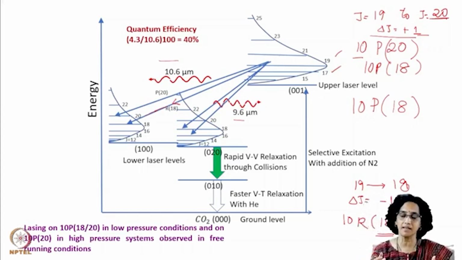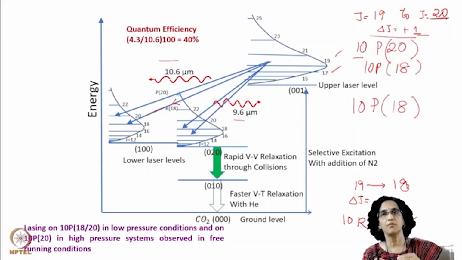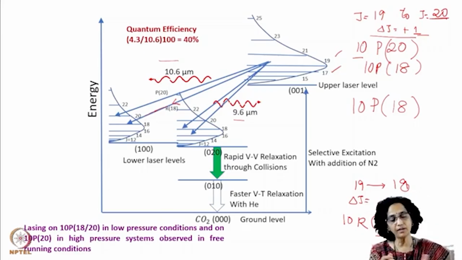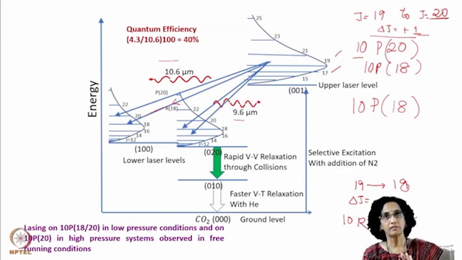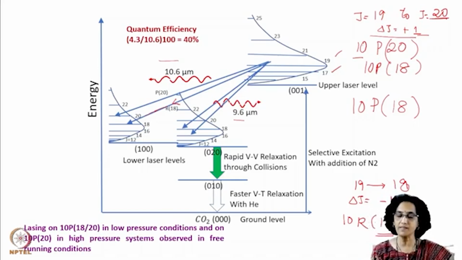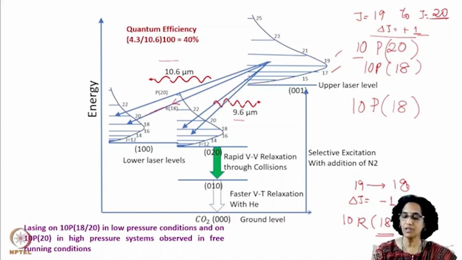Then in that case, whichever transitions are above threshold, wherever gain reaches above loss, all of them can start lasing. And therefore, of course, for the time you have excitation, you can have multi-line. But otherwise, in normal operation, what we see is that there is this rotational redistribution, and therefore this particular inversion curve is generally maintained.